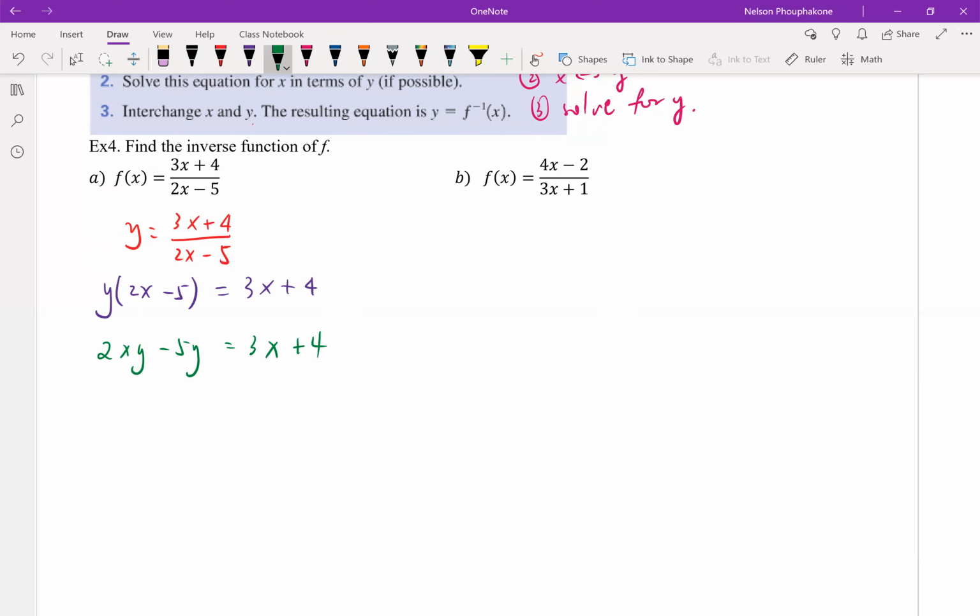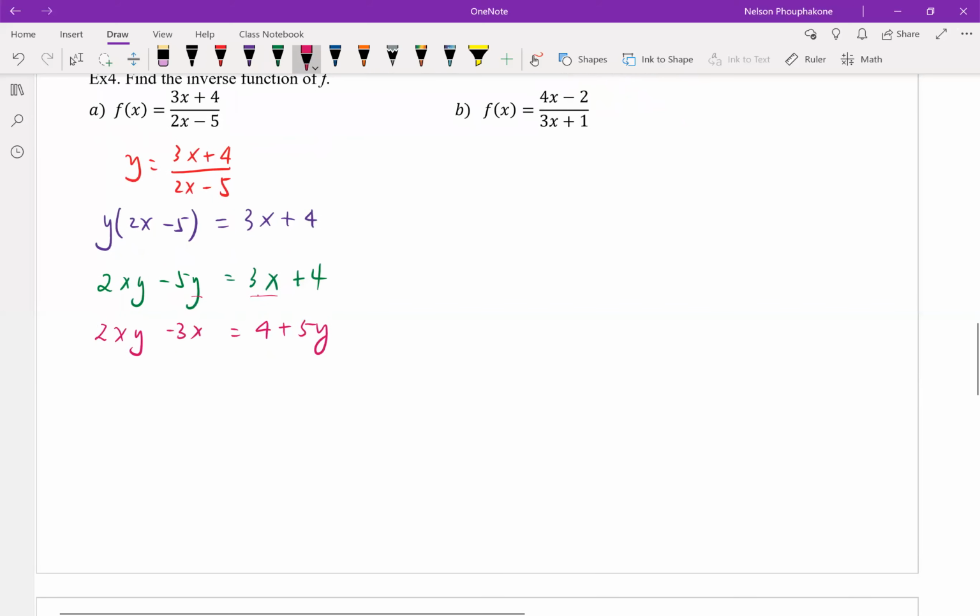And now what do we want to do? We want to group all the x terms together, meaning I would like to move this 3x to the other side and move the negative 5y to the other side. Okay, now you will see what happened here. On the left side, I have a term related to x, and on the right-hand side, I do not have an x term. This is exactly what we're looking for.